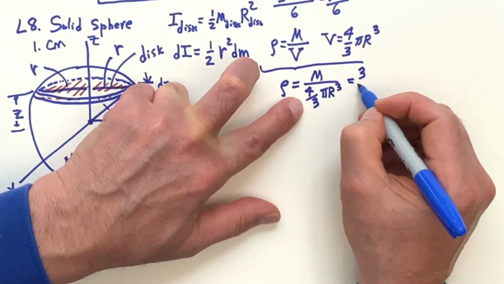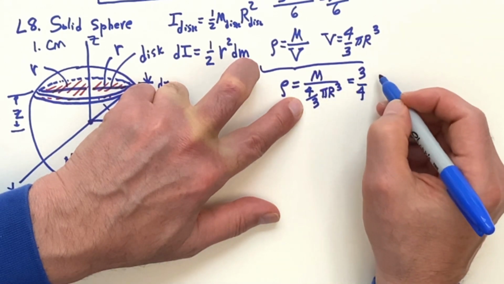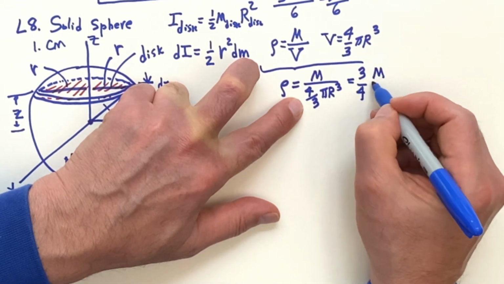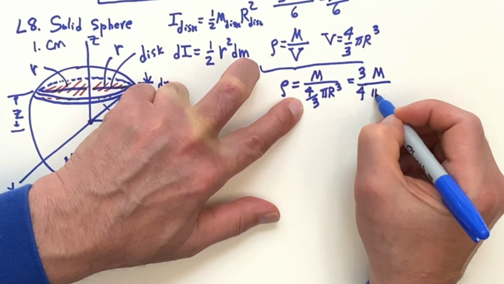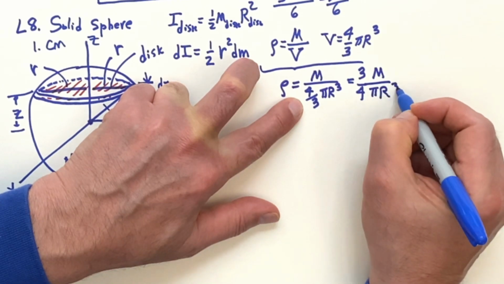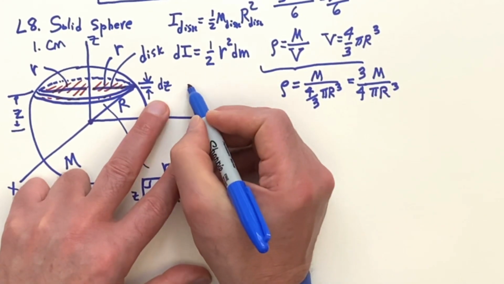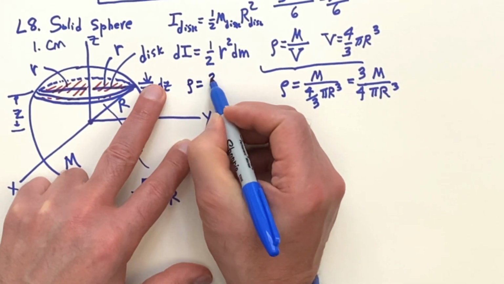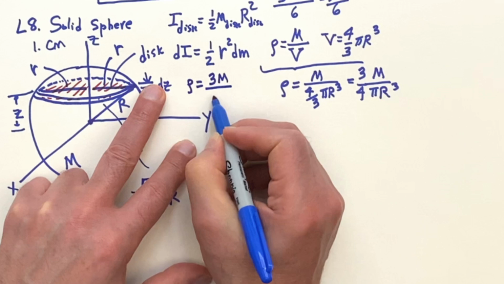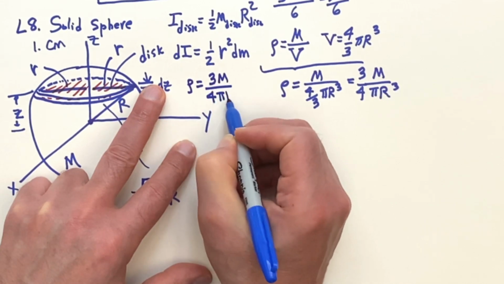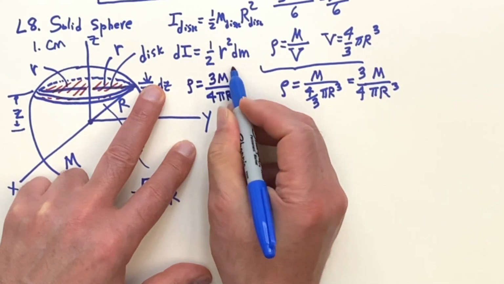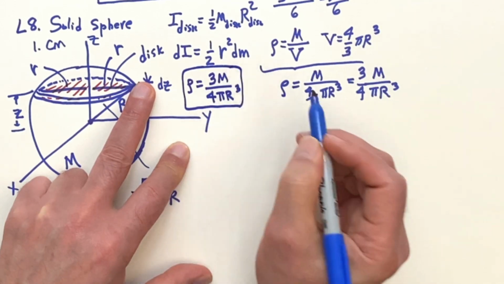And you'll get 3/4, that ratio will flip. And you'll have 3M over 4 pi R cubed. It might be good to just have that hanging around somewhere where we can box it off and easily find it when we need it. That's the density.